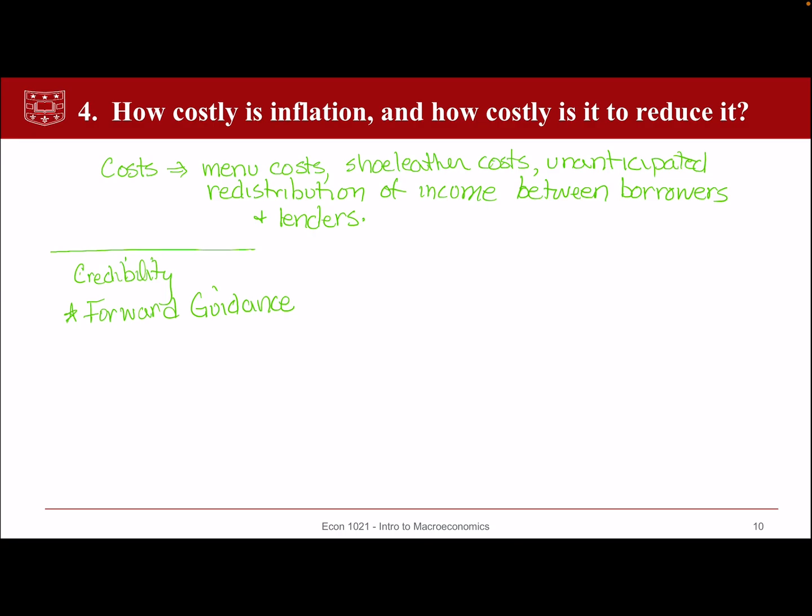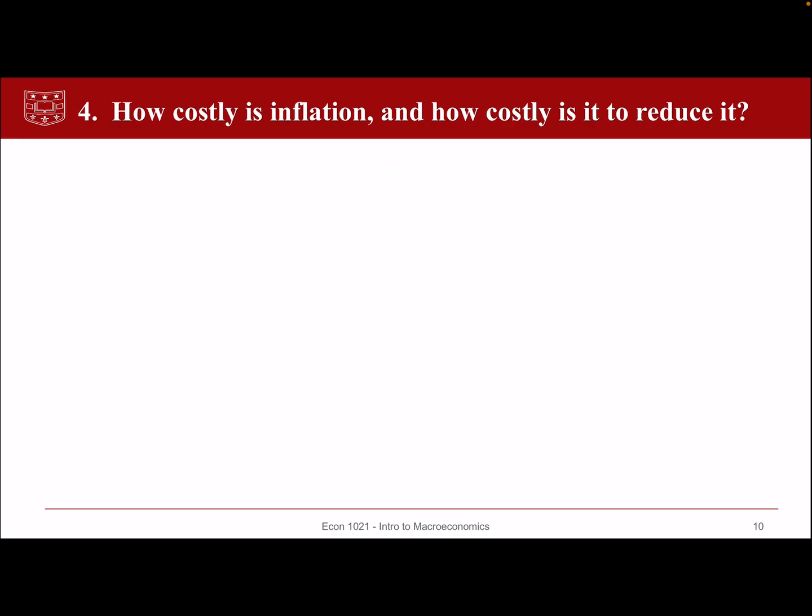And so the bottom line of this is that the magnitude and the costs of inflation and disinflation remain open to debate. And sometimes this just makes it very tricky in terms of evaluating what next steps should be done.